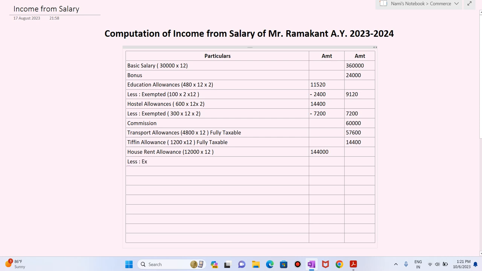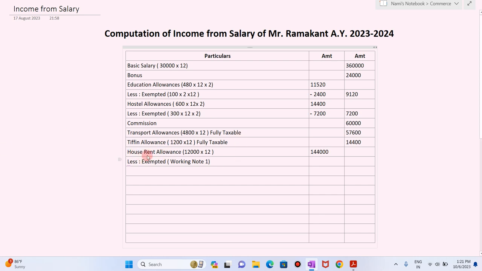And write the working note 1. Okay, so we will do the calculation of house rent allowances in working note.